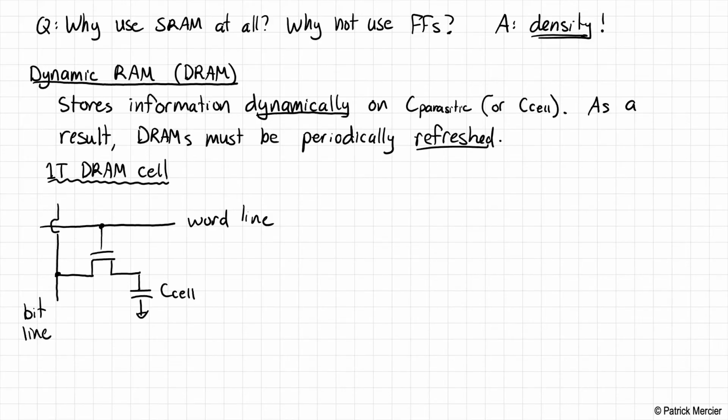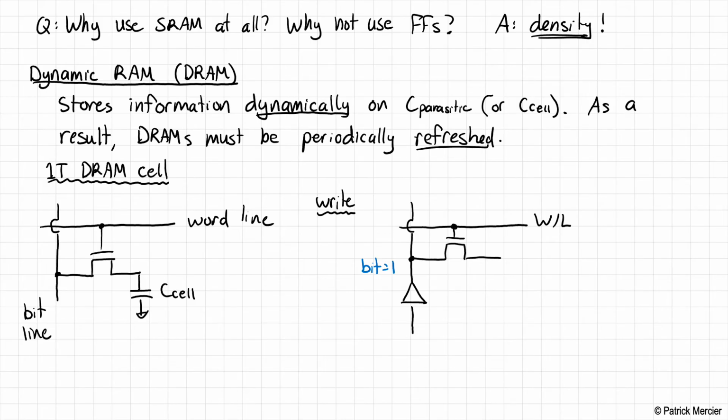Okay, so let's try and understand this. Let's go through an example of how we would do a write operation into a DRAM cell. It turns out it's pretty easy. So we have our word line, we have our bit line. In this case, we're going to drive the bit line to be equal to 1. What we do is we assert the word line.